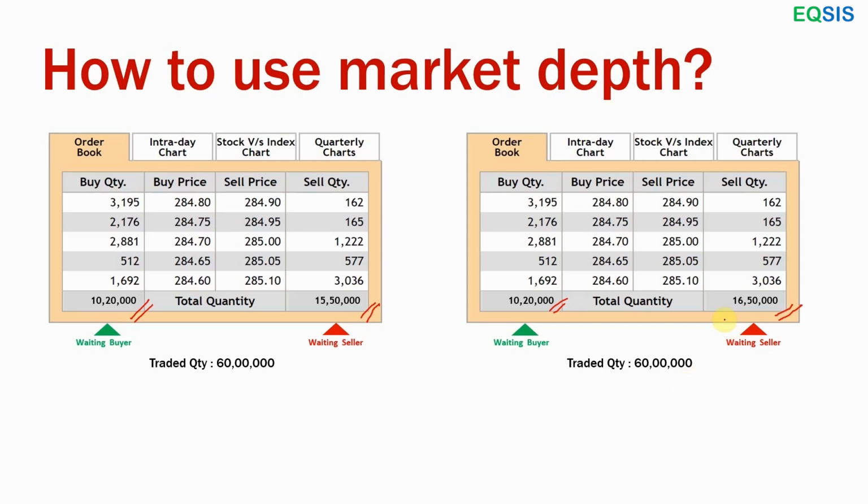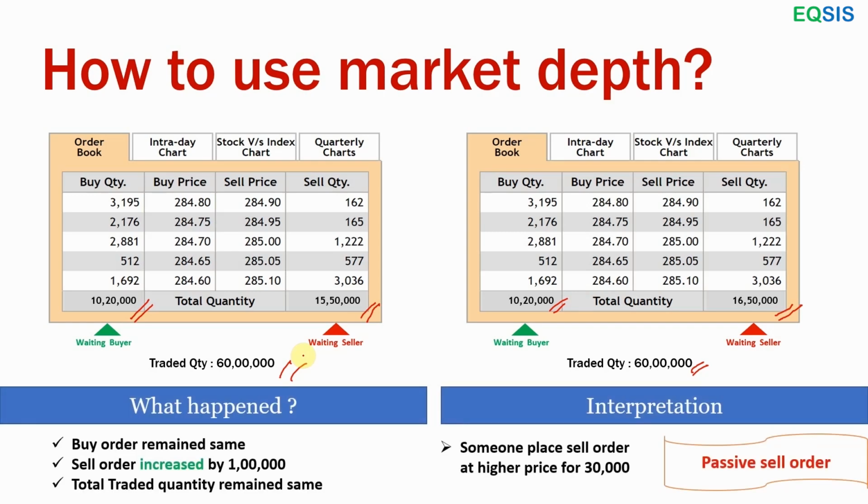They are expecting a higher price to sell, or they may or may not sell. I see there is no change in traded quantity, so it is after all a passive sell order. He is not a desperate seller. It is just an increase in sell orders, and nothing much has really happened. This seller may or may not sell.